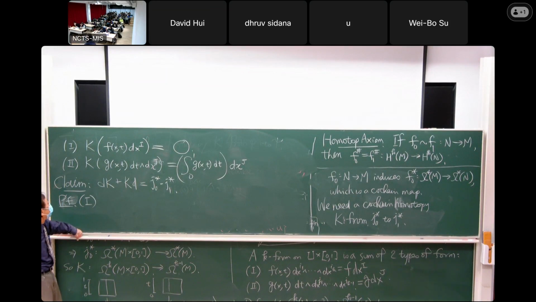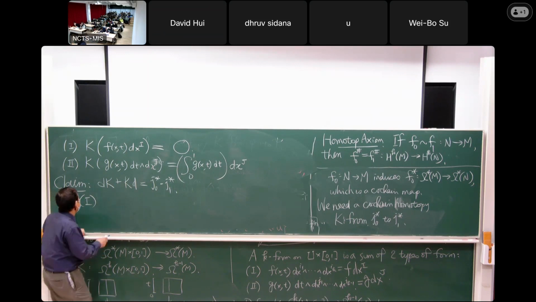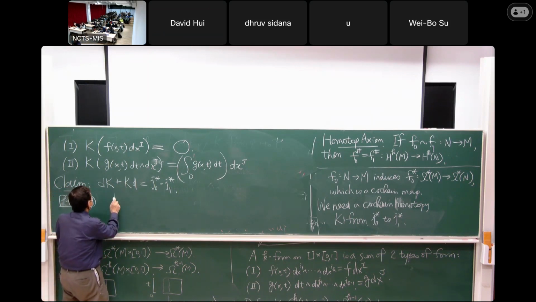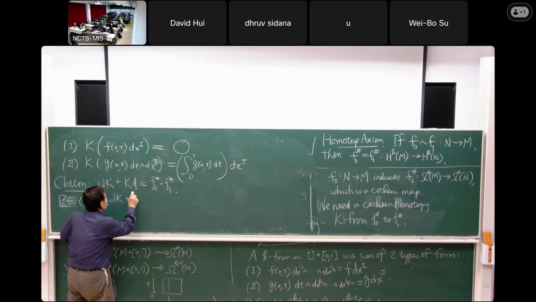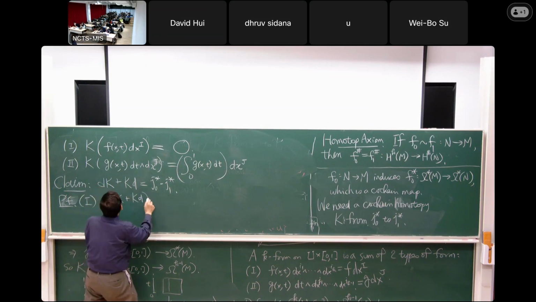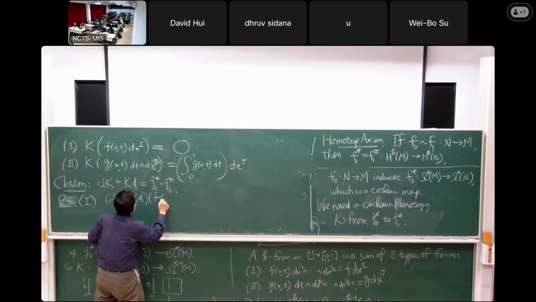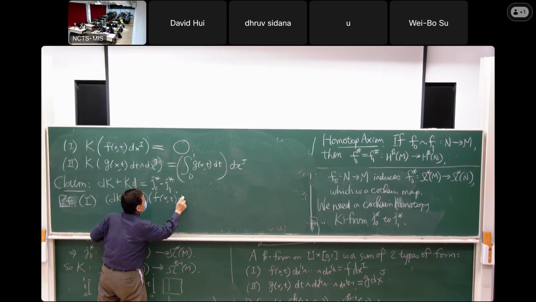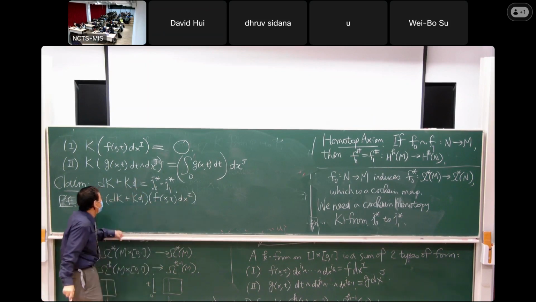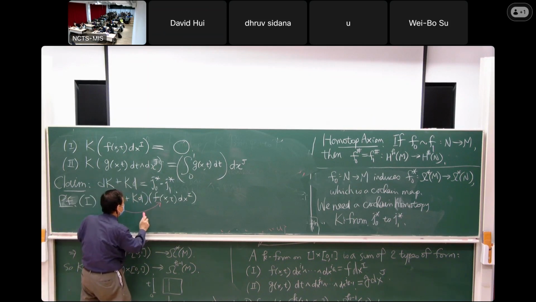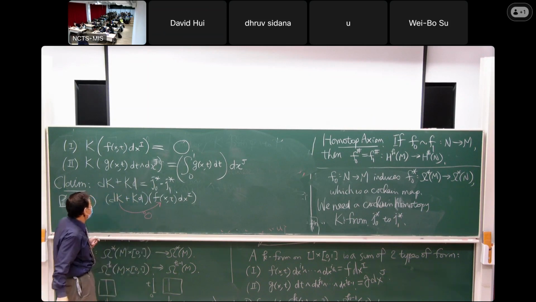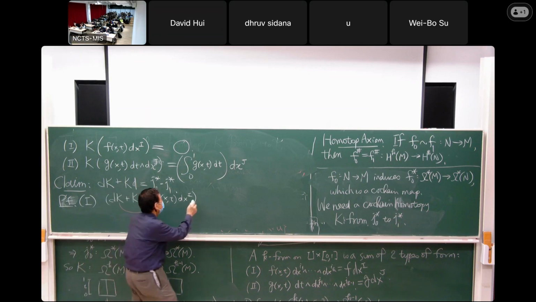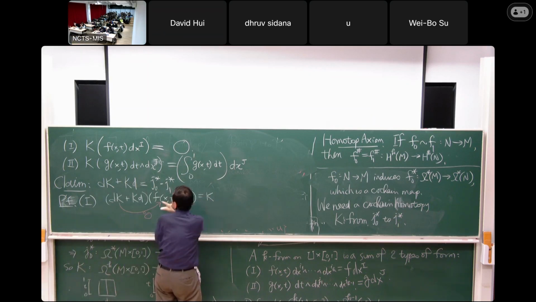On a type 1 form, you have dK plus Kd applied to f of (x, t) dxI, and K applied to the type 1 form is 0. So it's just Kd.